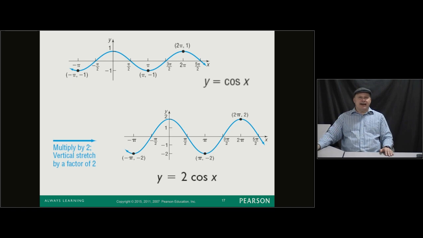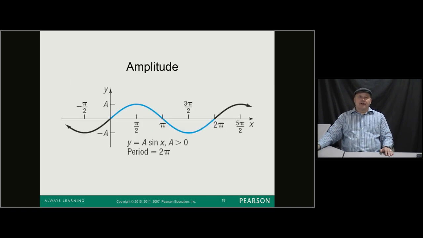So instead of having an amplitude of 1, having an amplitude of 2 makes it a lot steeper. The peaks, in this case, are twice as high and the valleys are twice as low. So that's what they look like. All right. So if you look at the amplitude of a sine graph, y equals a times the sine of x, this is the shape it's going to be.